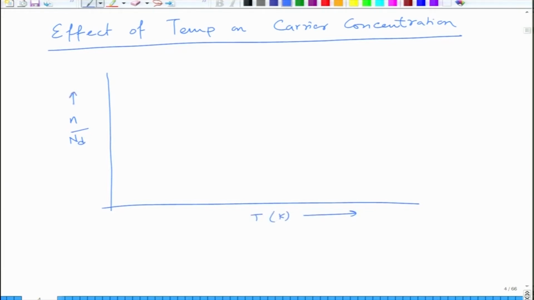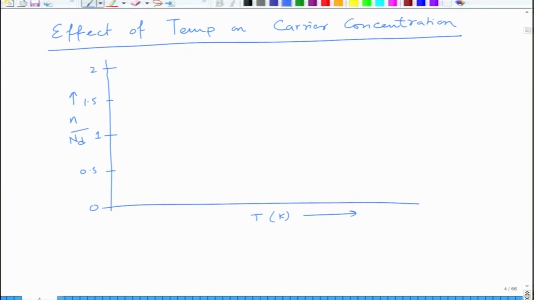So n divided by Nd will be equal to 1 at a certain place, and then it will be 0 at a certain place, it will be half, and then it keeps increasing as you go to high temperatures, okay. So 1.5, 2 and so on and so forth.